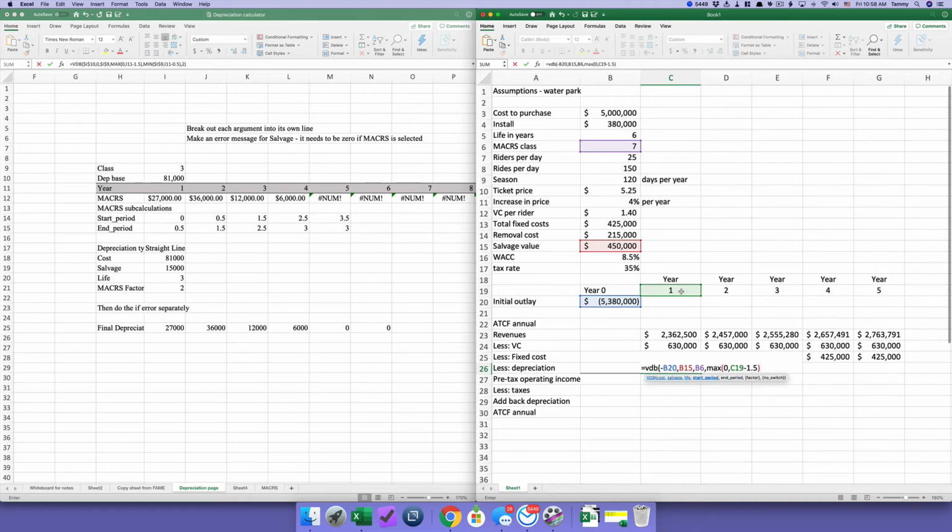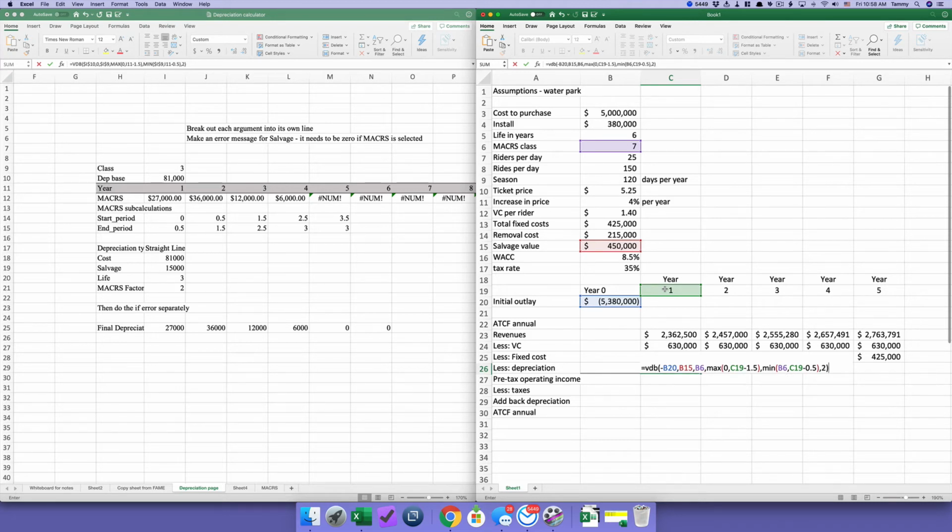And the end period is going to be the minimum of the MACRS class and the year minus 0.5. Close the parenthesis, and then the factor is 2 because it is MACRS. Crossing our fingers, hoping this works.